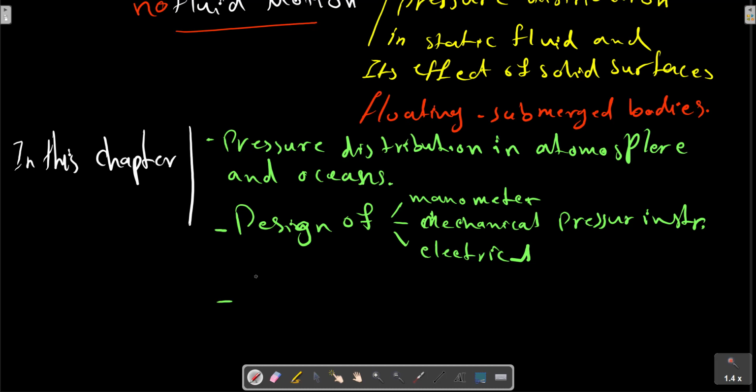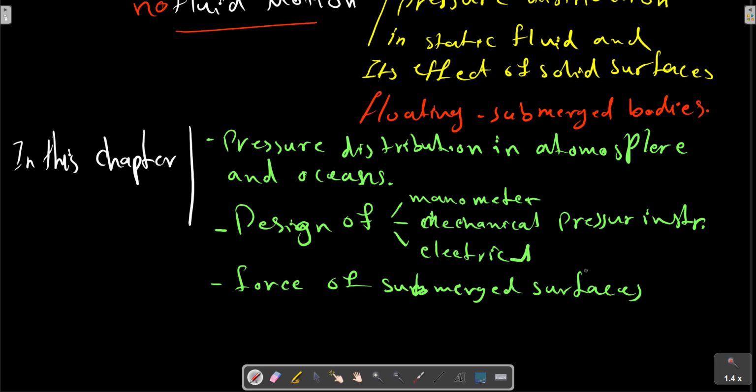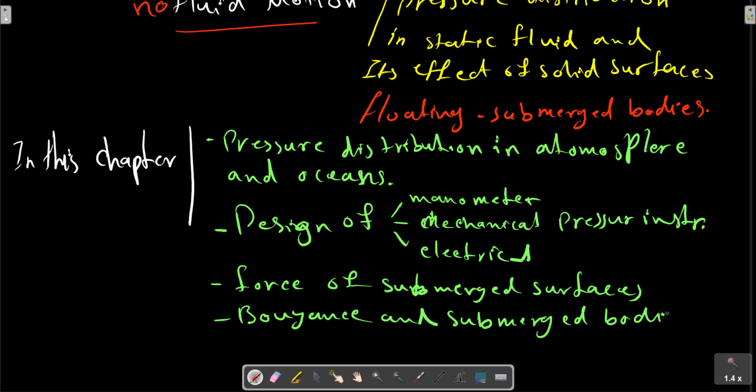And third, force on submerged flat and curved surfaces, buoyancy and submerged bodies, the behavior of floating bodies.